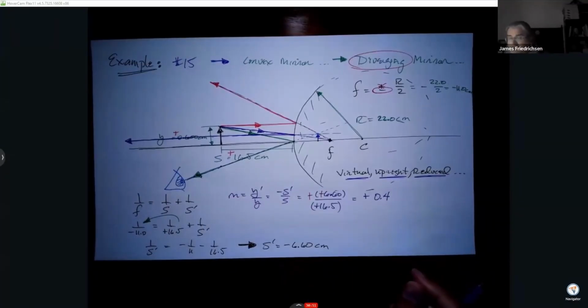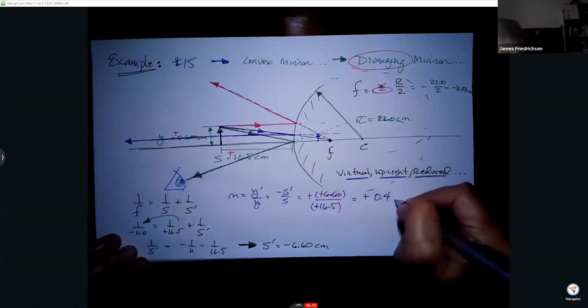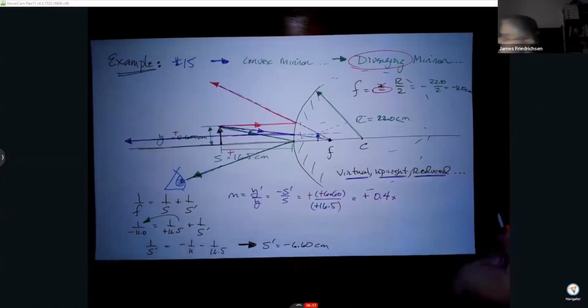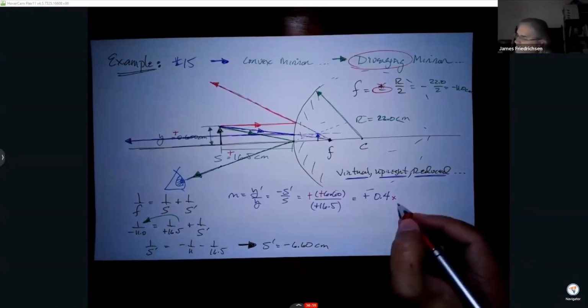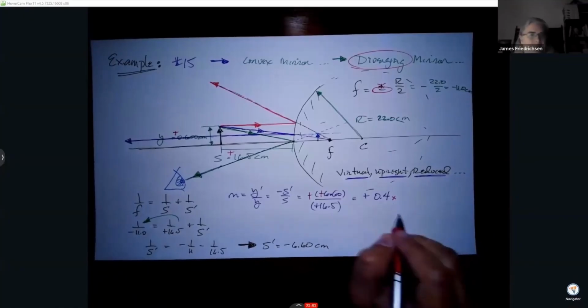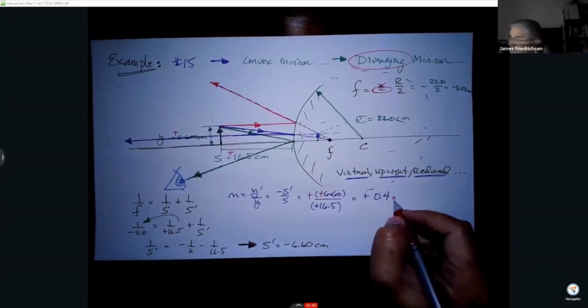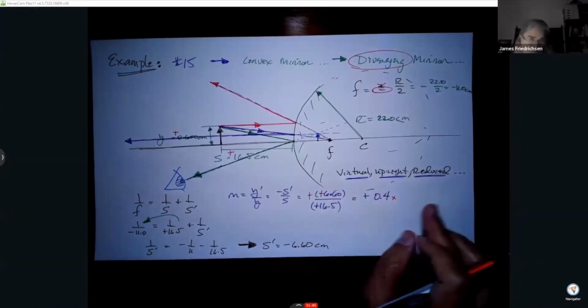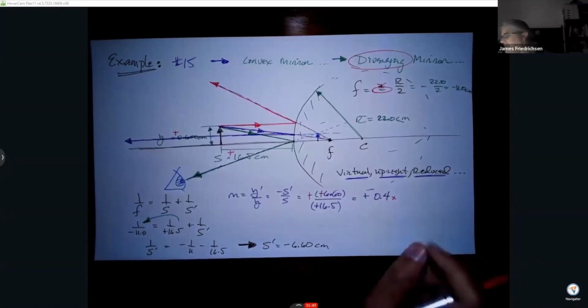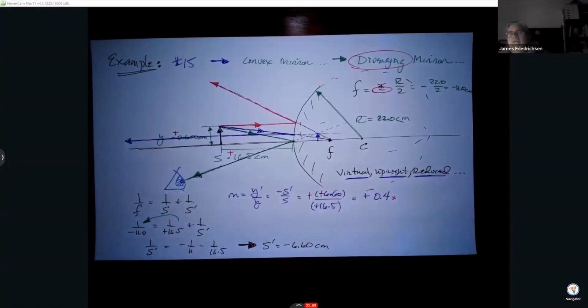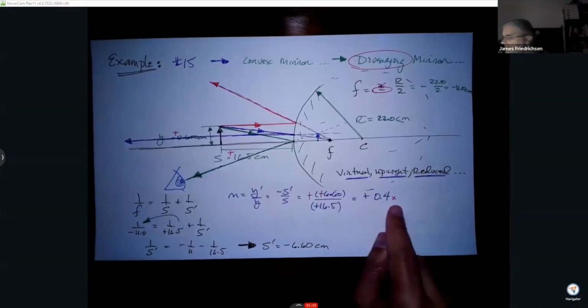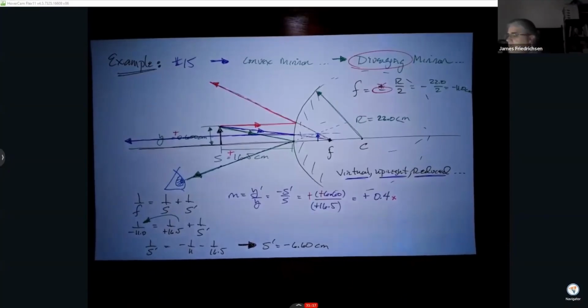Now, personally, I'm very used to putting in a little times symbol like this, but I think our book is anti-times symbol. I think they don't write this at all. They'll just write the 0.4. But I like the 0.4 times because you see that on the eyepieces on microscopes and telescopes and things like that. So I kind of like to include that.